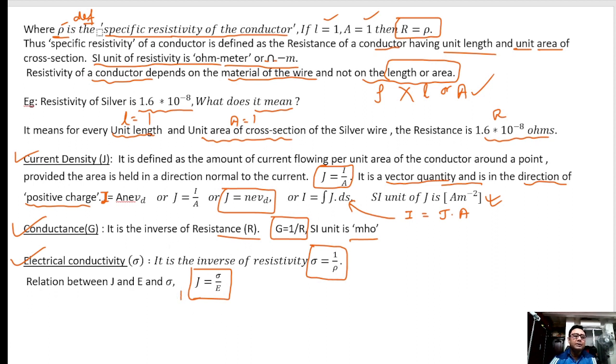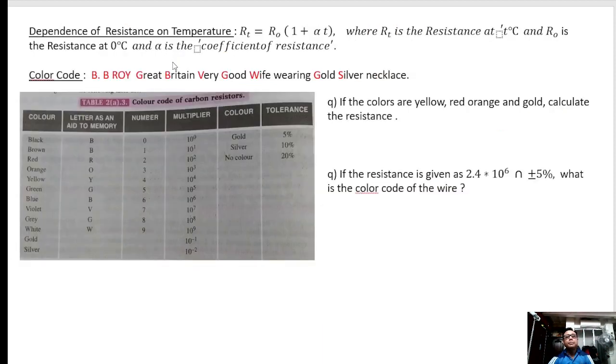Okay, let's see the next part, which is the dependence of resistance on temperature. How will the resistance depend on the temperature? This is the formula. Suppose R0 is the resistance at 0 degree Celsius, and RT is the resistance after you heat it to T degree Celsius.